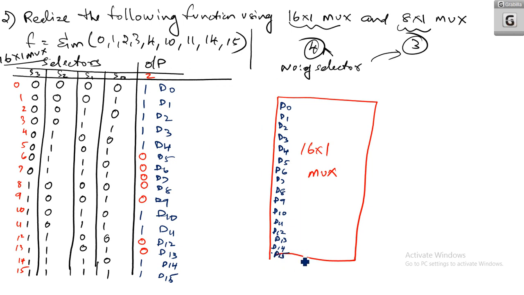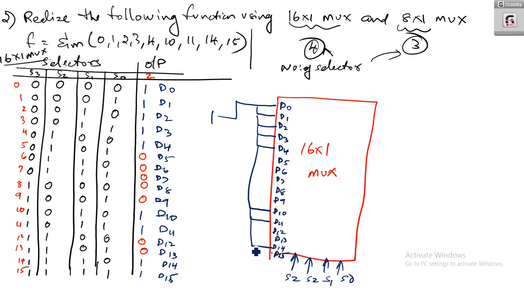The selector switches are S3, S2, S1, and S0. Okay. So for which values should you have 1? 1 is attached to D0, D1, D2, D3, D4, then D10, D11, then D14 and D15.